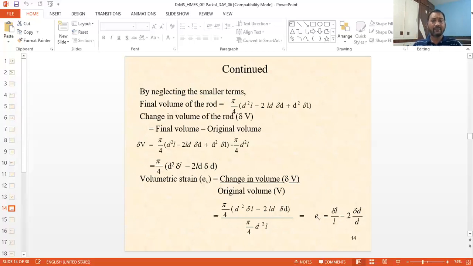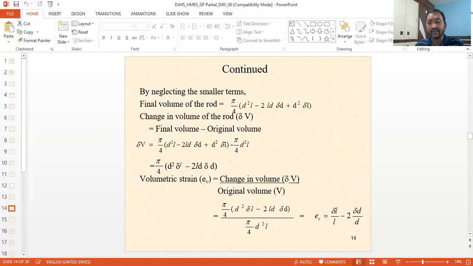We know the final volume of the rod, and the initial volume, the original volume, is equal to pi by 4 into d square into L. If we substitute those values in the equation, we get delta V is equal to pi by 4 into [d square into delta L minus 2 L d into delta D]. So this is the change in volume.